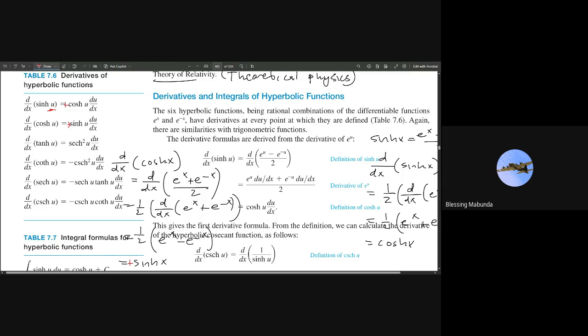Okay, excellent. When it comes to d dx of tanh u, I'm also going to leave the proof of that to you. How you can go about this is to say this is sinh x divided by cosh x. You can apply your chain rule or the quotient rule.